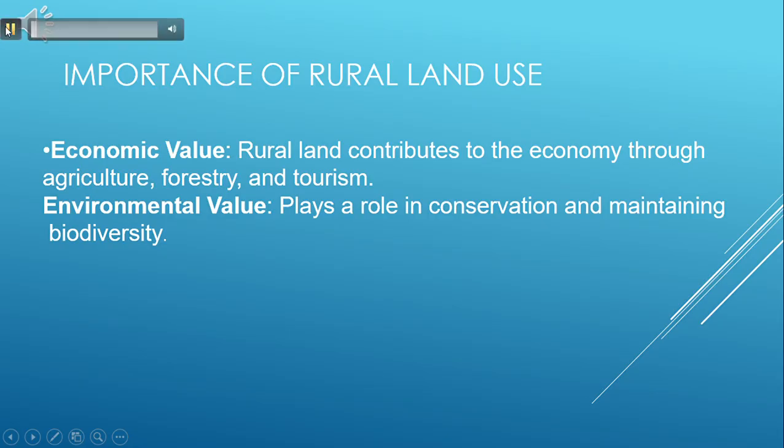Just now we understood the definition of rural land use. Now we have to understand the importance of rural land use. First, in the view of economic value, rural land contributes to the economy through agriculture, forestry and tourism, and in the environmental view, rural land use plays a role in conservation and maintaining biodiversity.